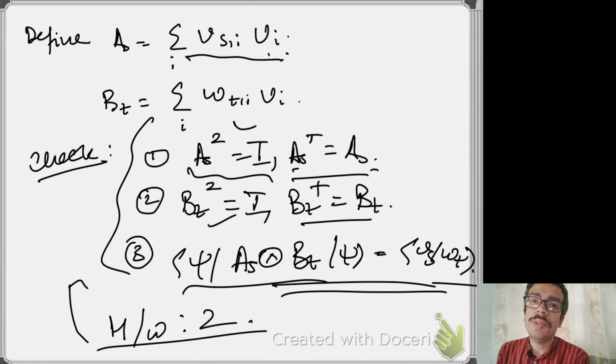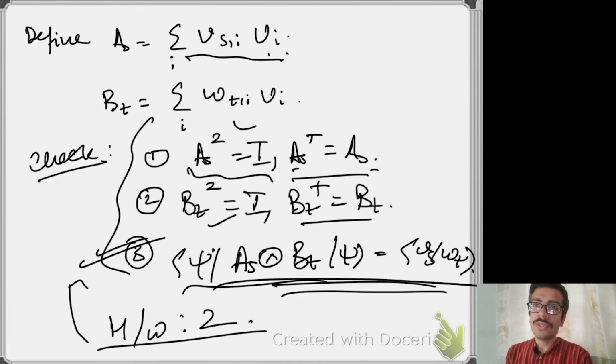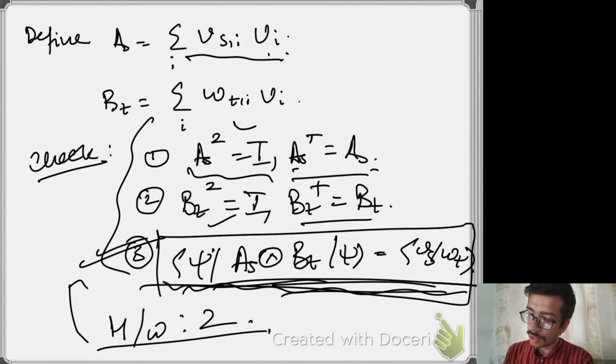The value turns out to be something like 1 over d trace of As transpose Bt. So those things you will need to use, but once you use them, you will be able to prove the third result easily. Yeah, so it's a good exercise. It will see if you have understood those lemmas also.